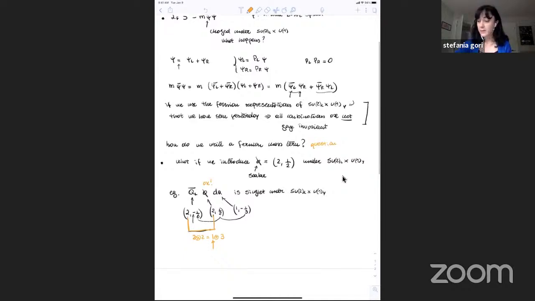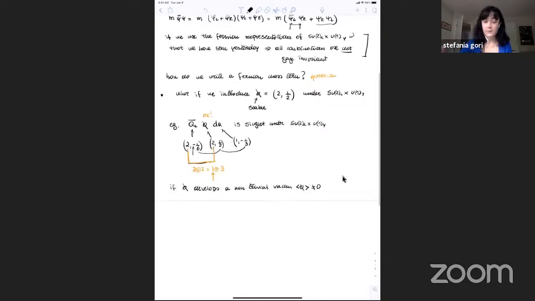And if the scalar develops a non-trivial vacuum, namely that at the minimum energy of our system, we have phi, let me denote this, the vacuum of the scalar field, different from 0, or I can write this condition in components.